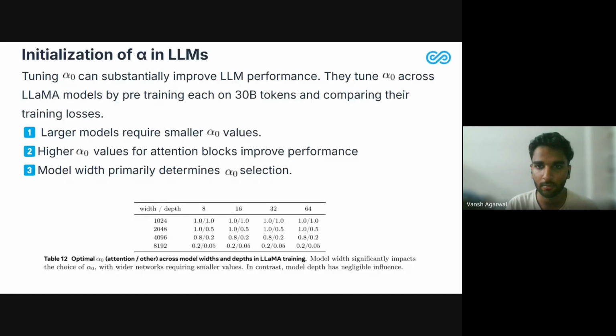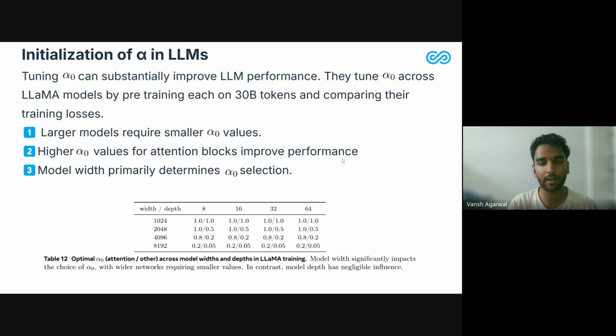And then we look into the initialization of alpha in LLMs. The main difference is that they find it is better to fine-tune these initial parameters a little bit. As you can see, higher alpha naught values for attention blocks improve performance.